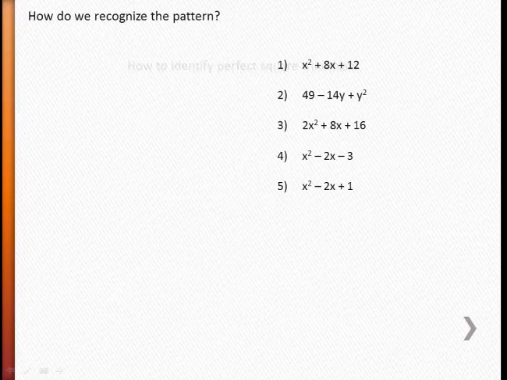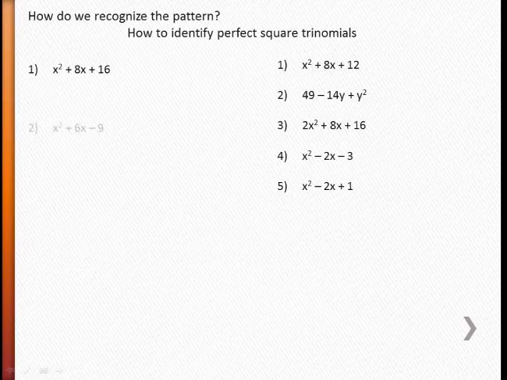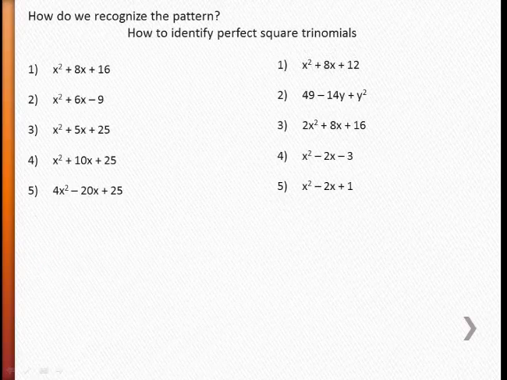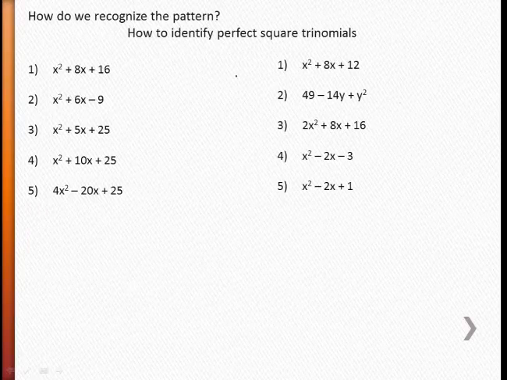So how do we recognize the pattern? We look and we ask if this is a perfect square, and then we take the square root of them, and is this 2 times the square roots?